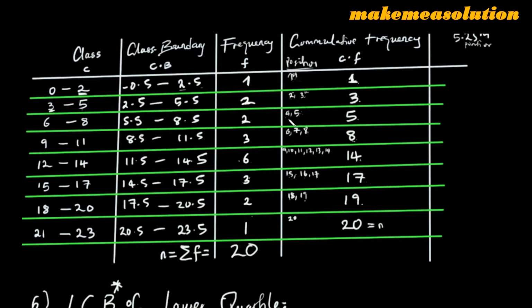I can only find up to the 5th position at this particular class. I cannot find anything beyond the 5th position. So since this one is 5.25, I will not take this class as my lower quartile class. Rather, you extend it to this class. So this class contains 6, 7, 8, and 9.